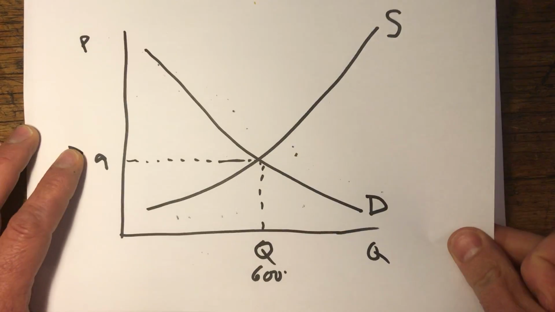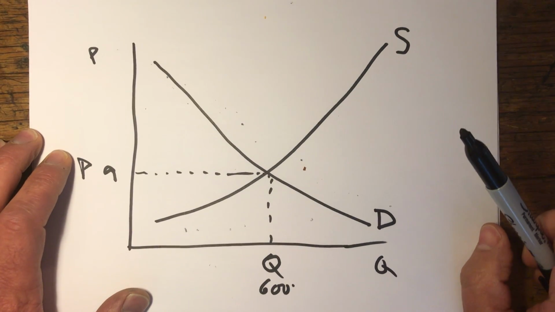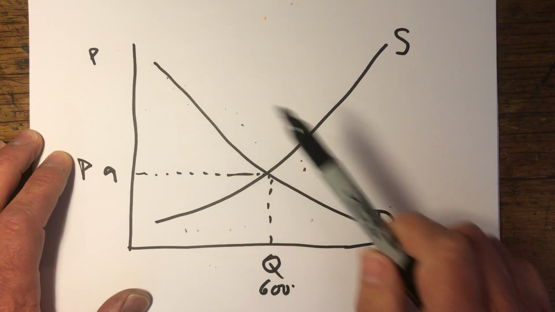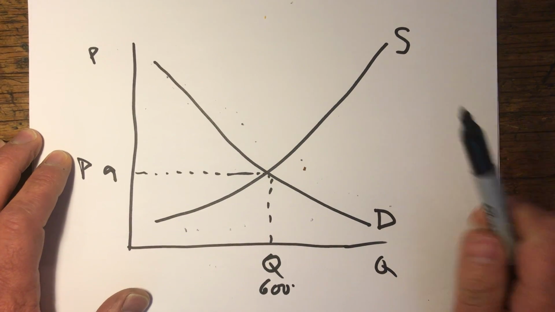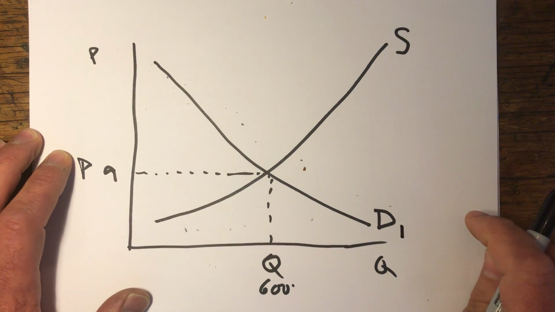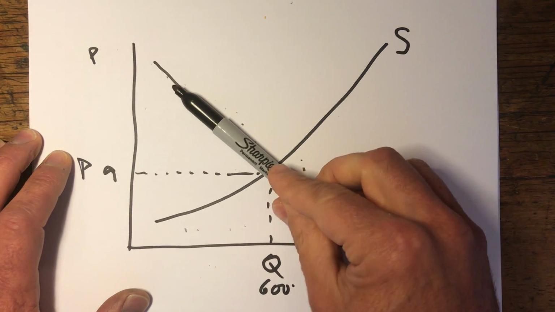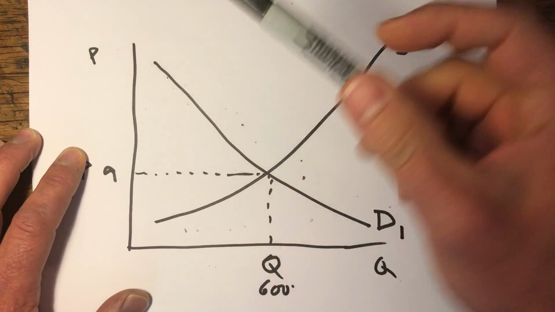So let's go back to this page and see, okay, what can we figure out about what's going to happen in the market when such a demand shock happens. So we're going to call that demand 1. We've just shown how this will move this way if there's a reduction in demand because people are leaving the market.